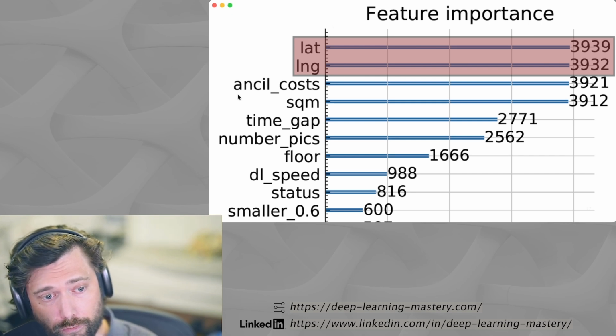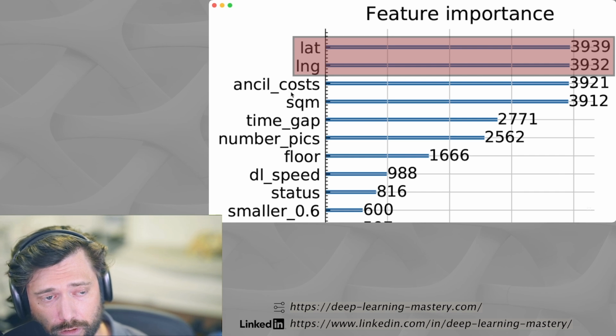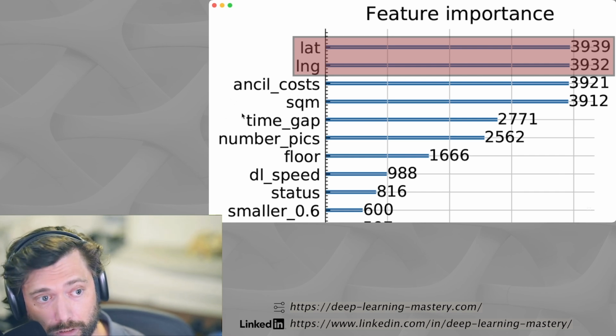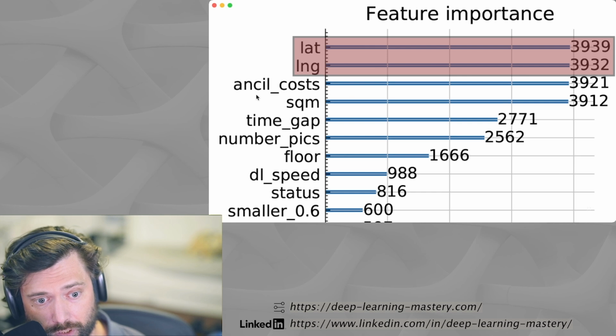So ancillary cost, that is what is added to the base rent to give the total rent, is difficult to analyze. It can change a lot. It depends on how the heating works, if it's oil or gas, for example. So this is kind of a difficult one, but nonetheless, it actually ended up being important.